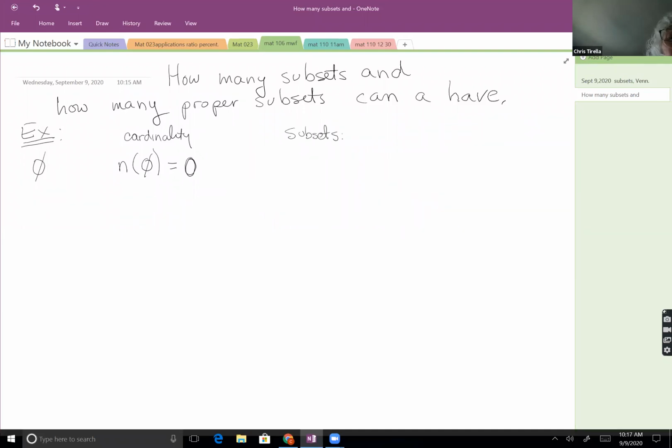I want to list them and say how many it has. Regular subsets: it can be a subset of itself, so it has that one regular subset. Then if I ask how many proper it has, would it have any? No.